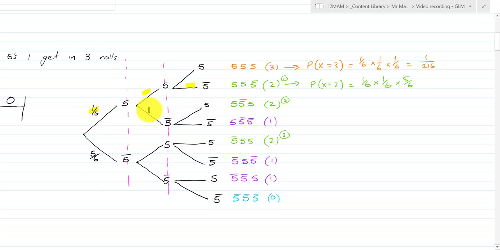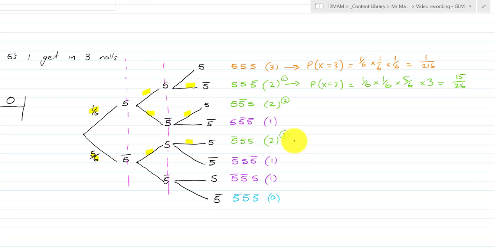And the second option is 1/6, 5/6, 1/6, which is exactly the same because it doesn't matter which order I multiply in. The third option is 5/6, 1/6, 1/6, the same again. So I actually get times 3 because there are 3 ways of doing it. And you'll recognize that 3 comes up in our binomial expansion that we previously did. And so I get 15 over 216.